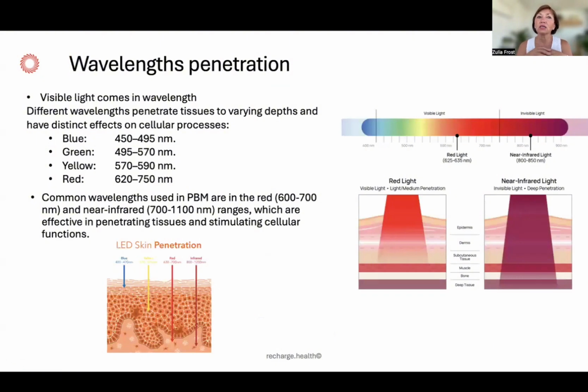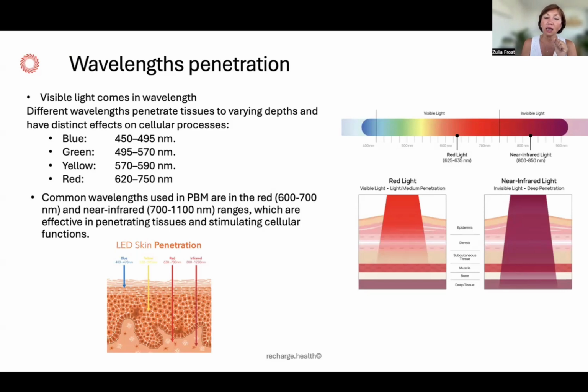So wavelengths are interesting to us in terms of penetration depth. You could see here the penetration depths: blue, green, yellow are rather superficial, yes? So they literally are just coming through the hard surface of the skin. They're somewhere reaching, maybe in the best scenario, the dermis. So that's why they are mostly used for cosmetic and aesthetic purposes.